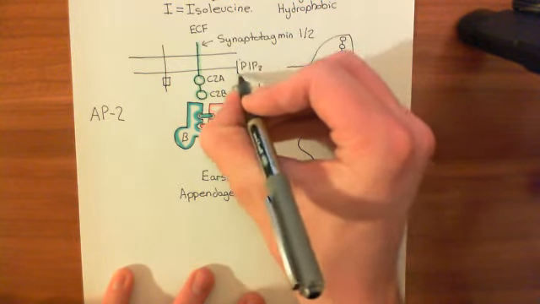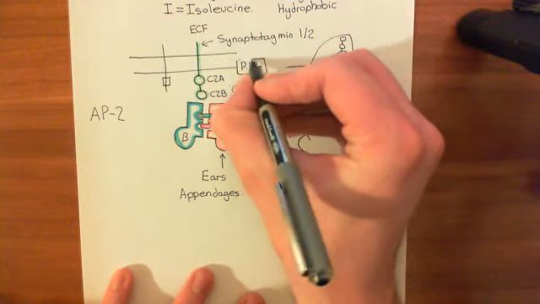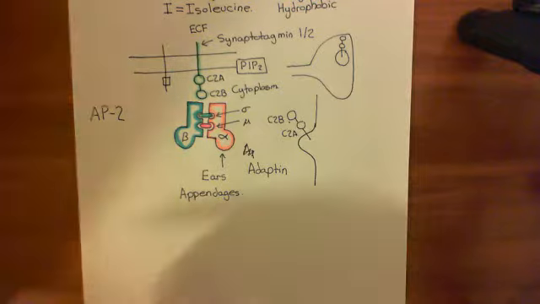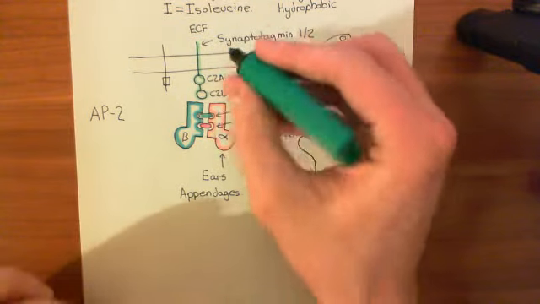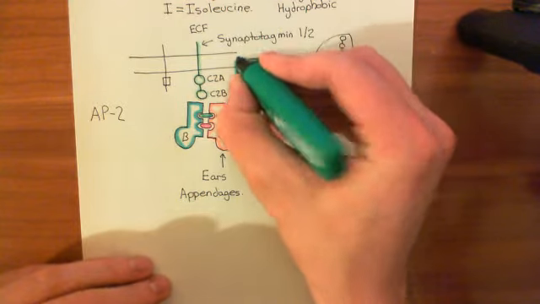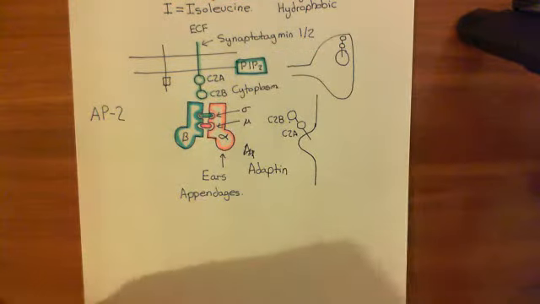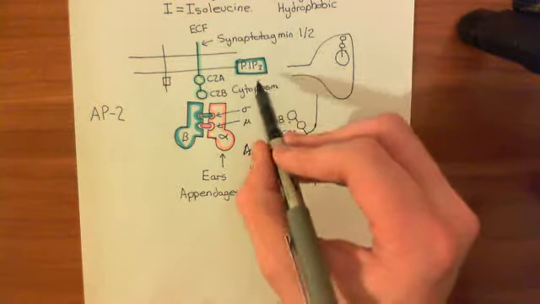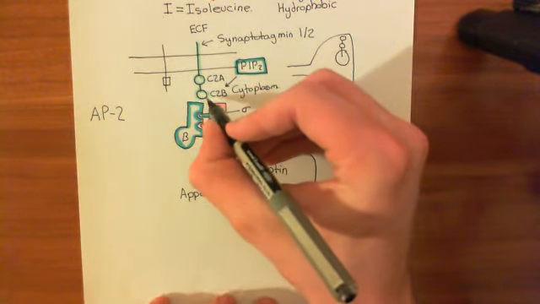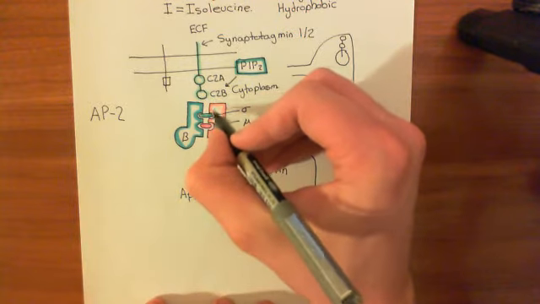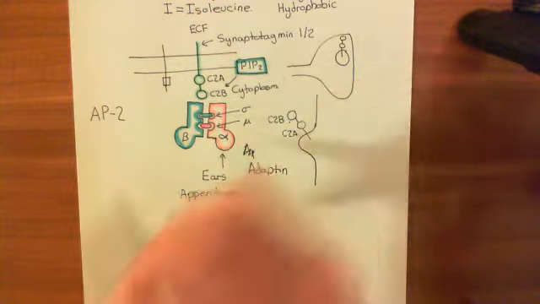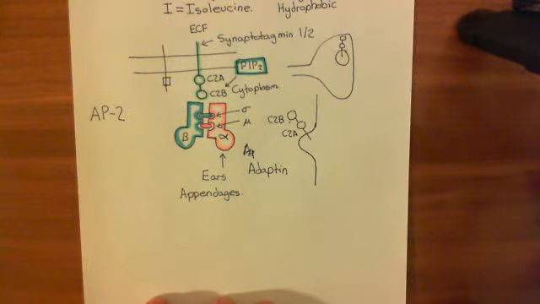They have a very similar structure to a normal phospholipid, and they take the place of a normal phospholipid in the phospholipid bilayer. Okay, and PIP2 seems to enhance this binding between the C2B domain of synaptotagmin 1/2 and the core domain of this adapter protein complex 2.